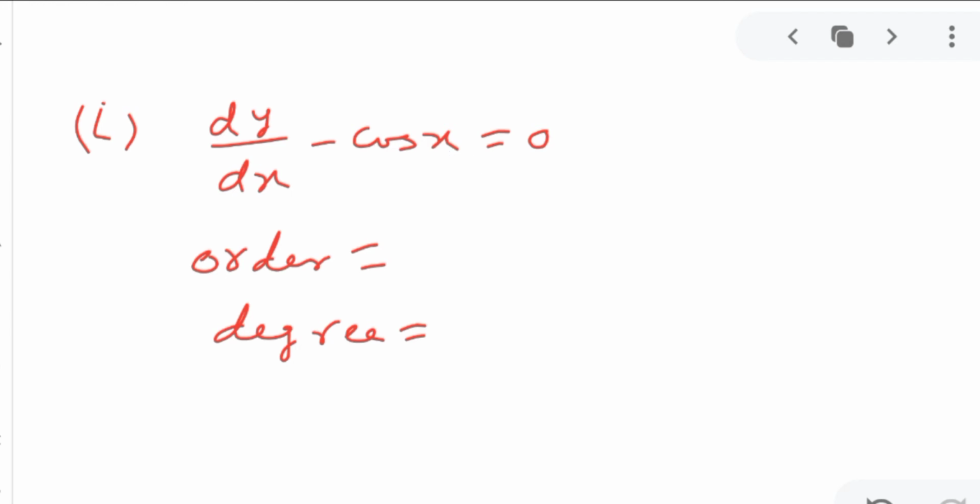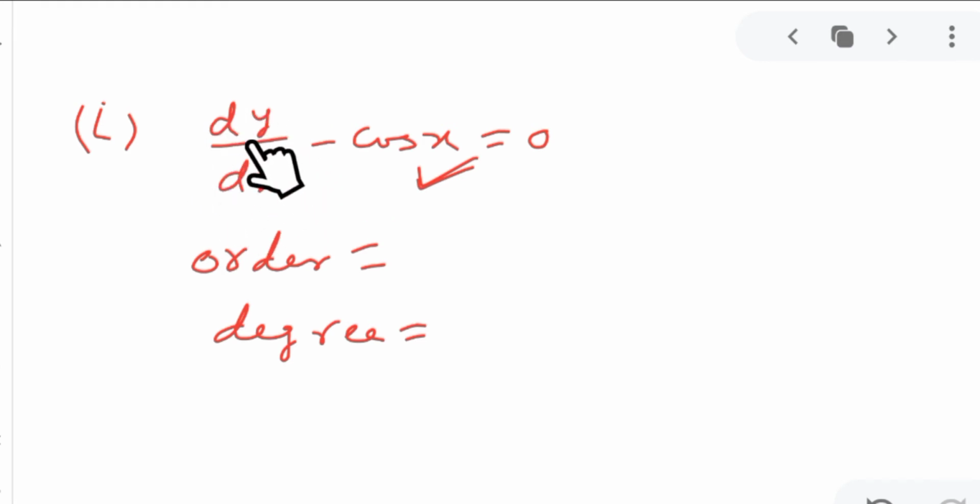You will not treat cos x as a non-polynomial term. If it were cos of a derivative term, then it would not be a polynomial, but this is cos of x, not cos of a derivative. So this is a polynomial, and the order is the order of the highest order term, which is dy upon dx.